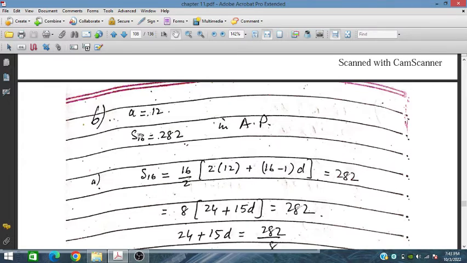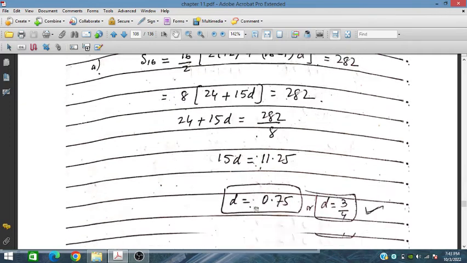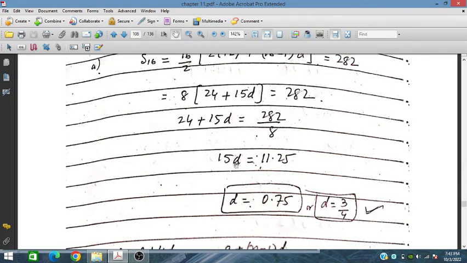In place of n we will write 16. So we can find the value of d from this. The d is unknown, so after simplifying we have obtained the value of d as 3 by 4.